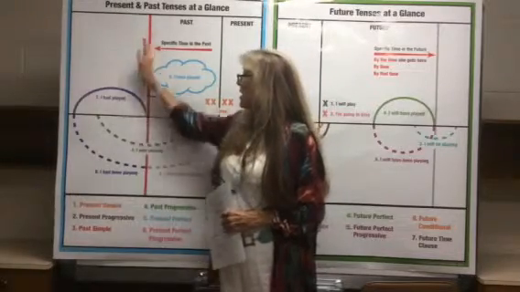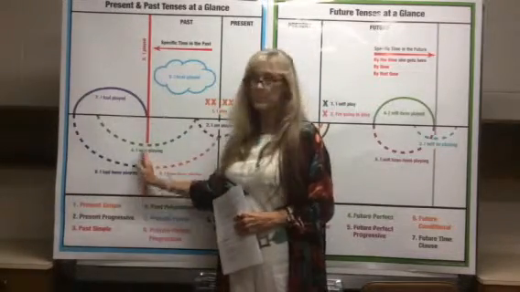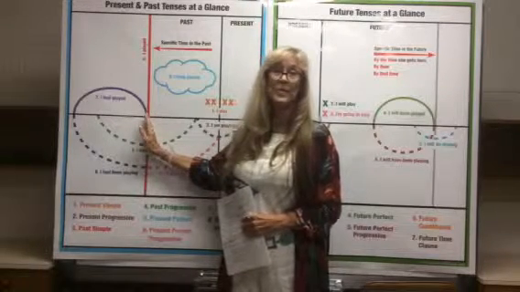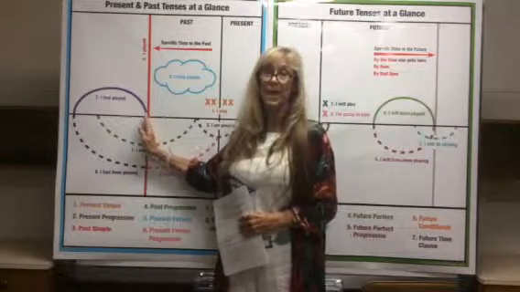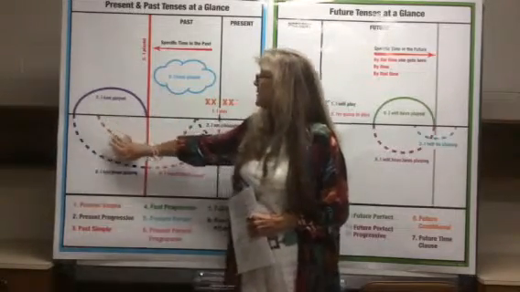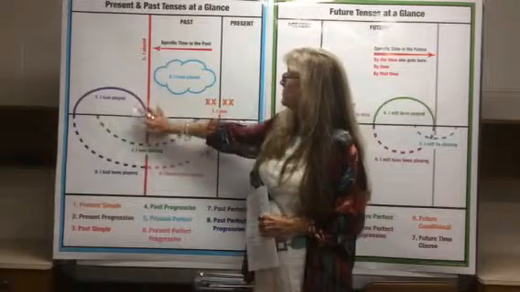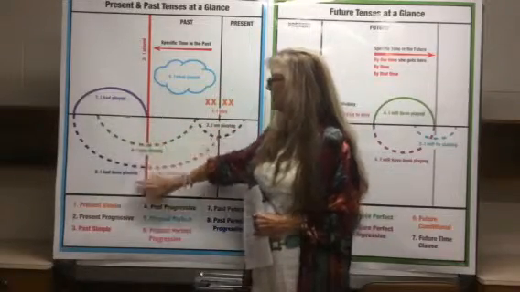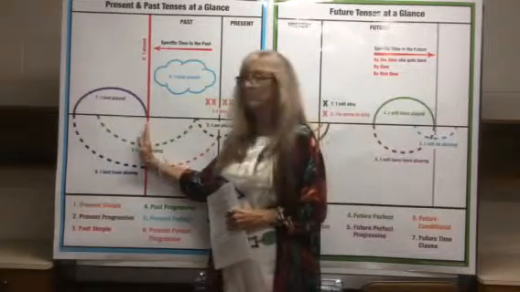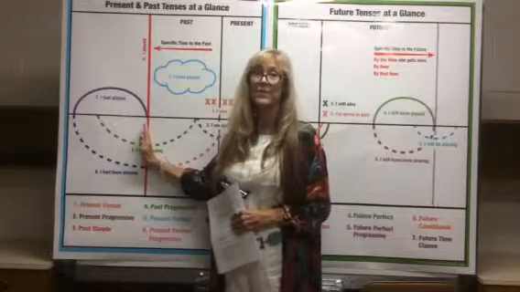So this line now can represent a specific time in the past, or it can represent an event in the past. So this event starts before the specific time in the past. It can continue on, or it can be interrupted and stop at that time.